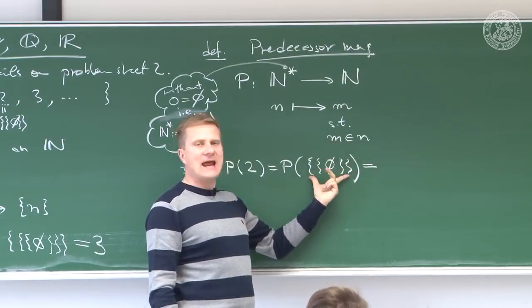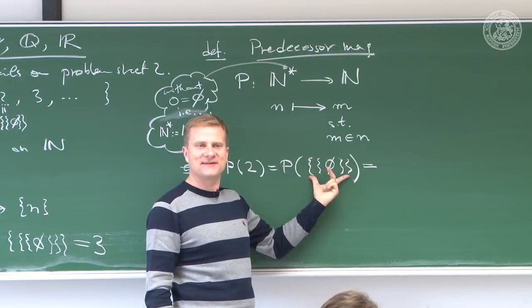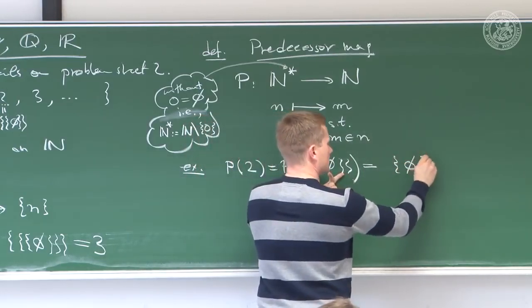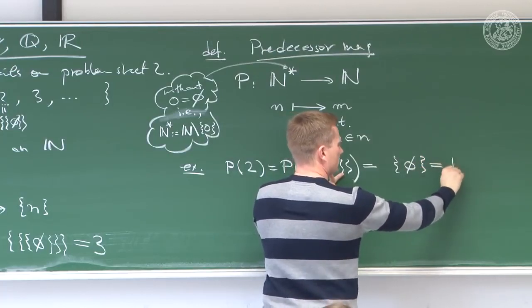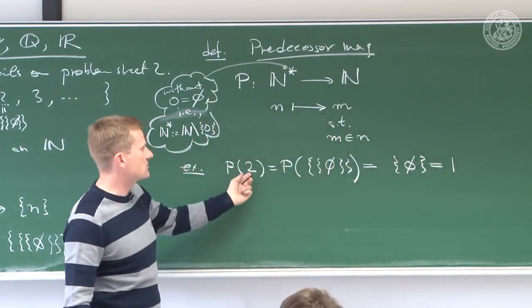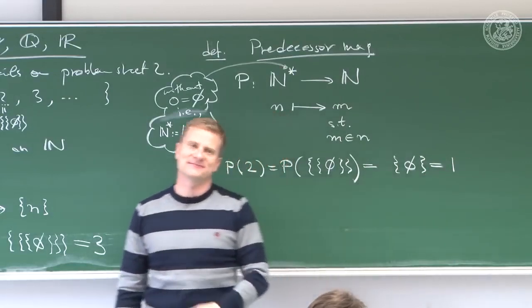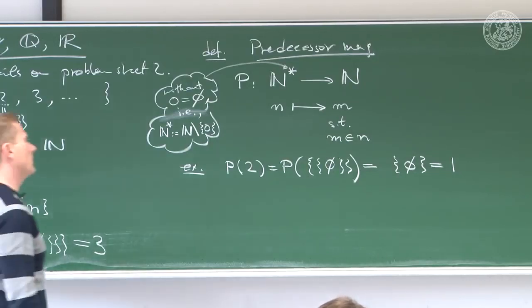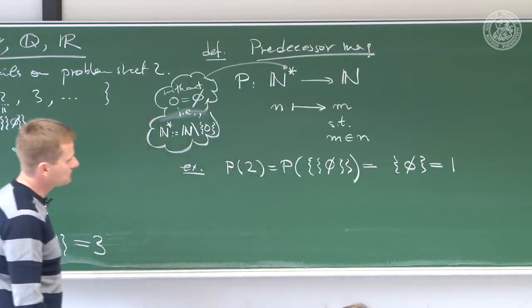Well, this set n only has one element, right? And that element is this guy, and this guy is, of course, the 1. The predecessor of 2 is 1. That's the trick to reduce a layer of set brackets.